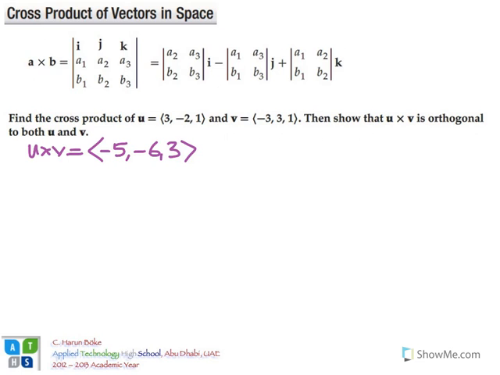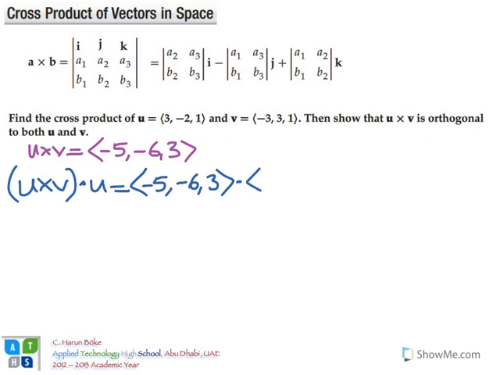This is the cross product of u and v. Now that we have the cross product of u and v, if we go through u cross v dot u, for example, then we are supposed to find 0 so that these two vectors are orthogonal. So let's see. It will be minus 5, minus 6, 3 dot, what is u? 3, minus 2, 1. Now let's calculate.